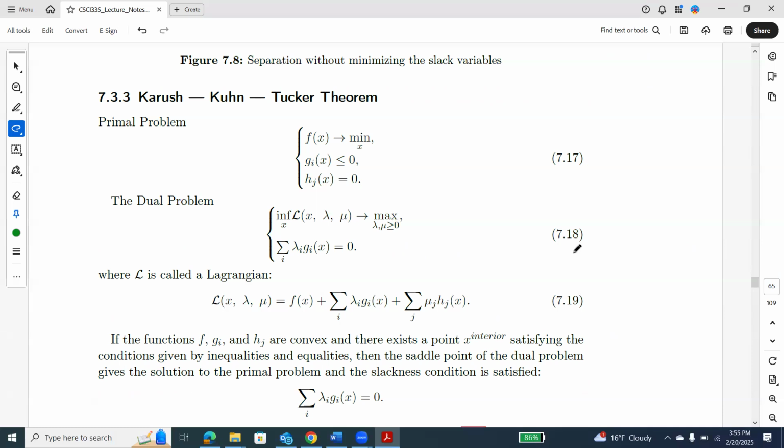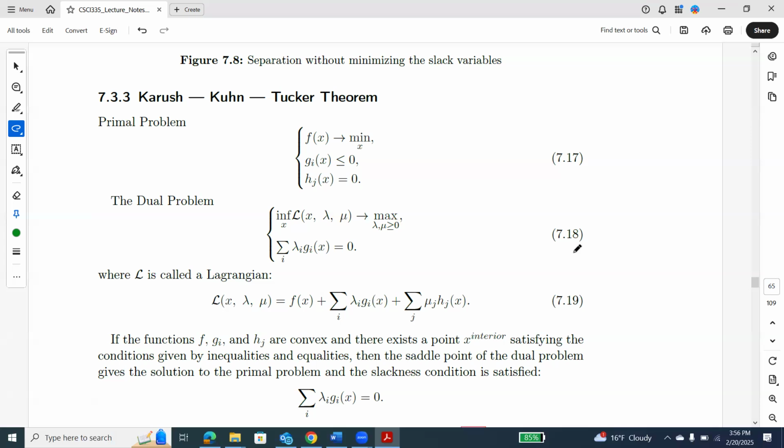So the Lagrange function looks as follows: our objective, then our inequality constraints multiplied by some numbers lambda, and our equality constraints multiplied by some numbers mu. Then we should minimize this function with respect to x.